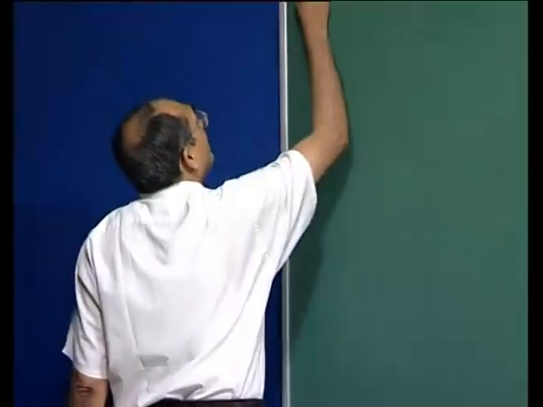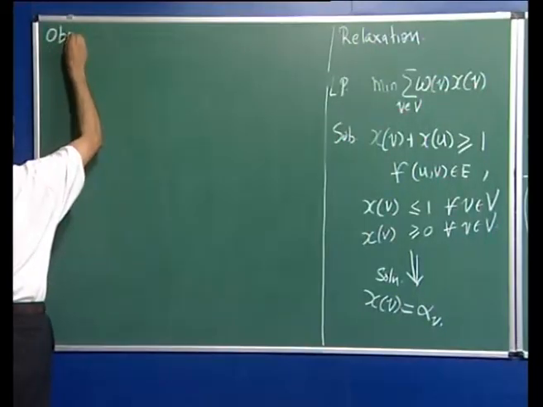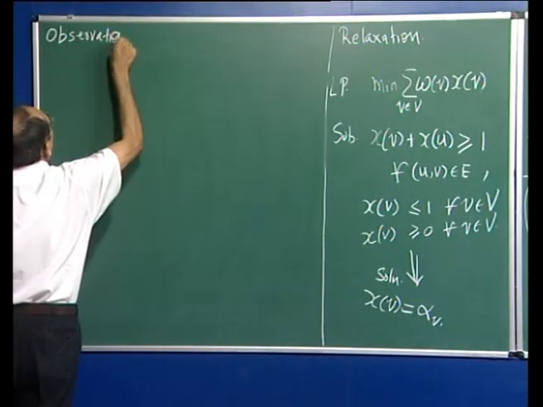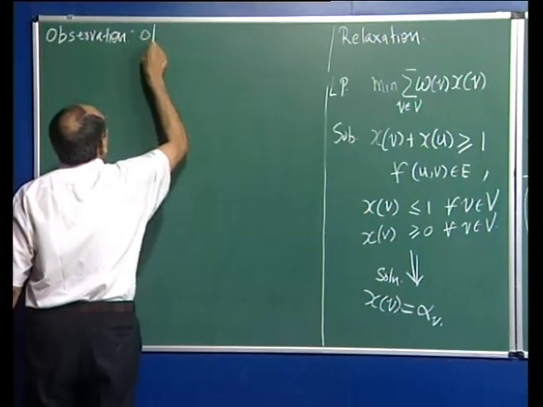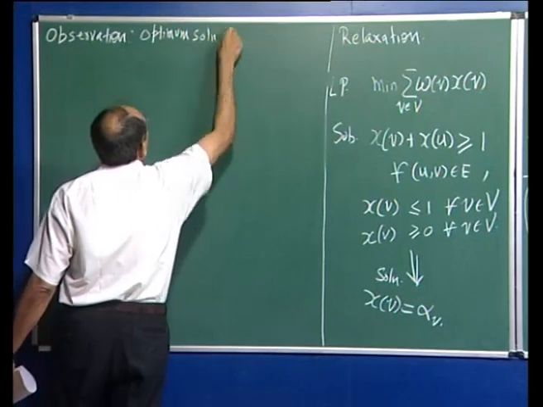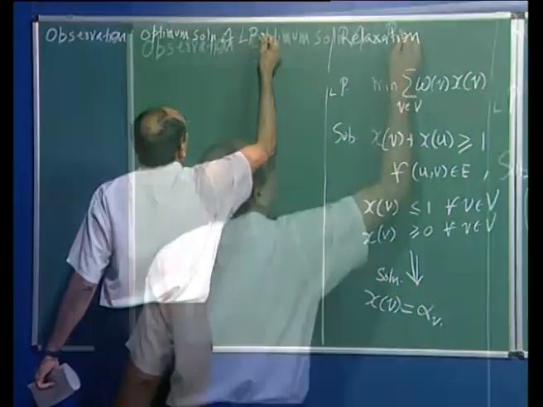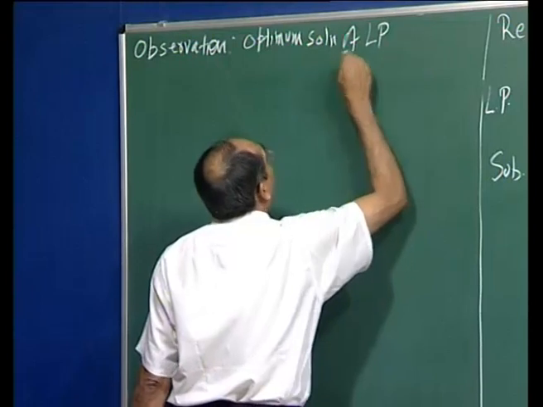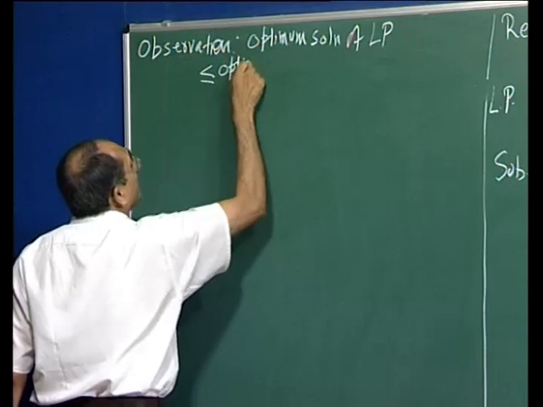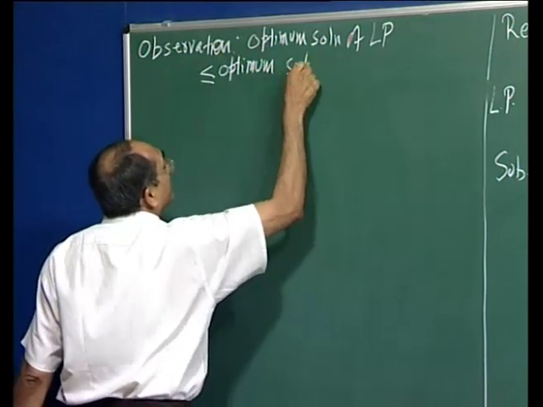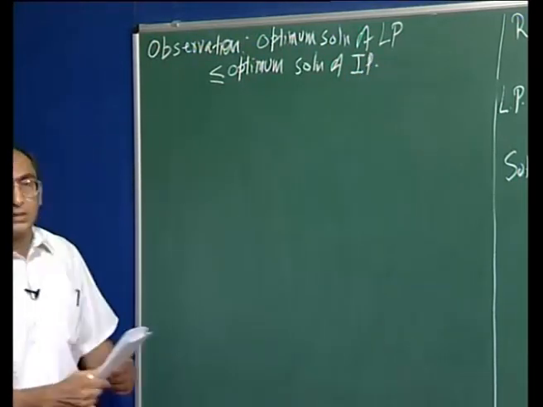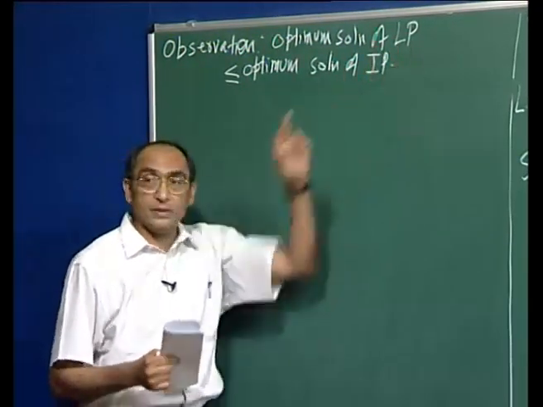So, what we realized is that the optimum solution of LP, in terms of the objective function, is less than or equal to the optimum solution of the IP, because every solution of IP is a solution of LP.